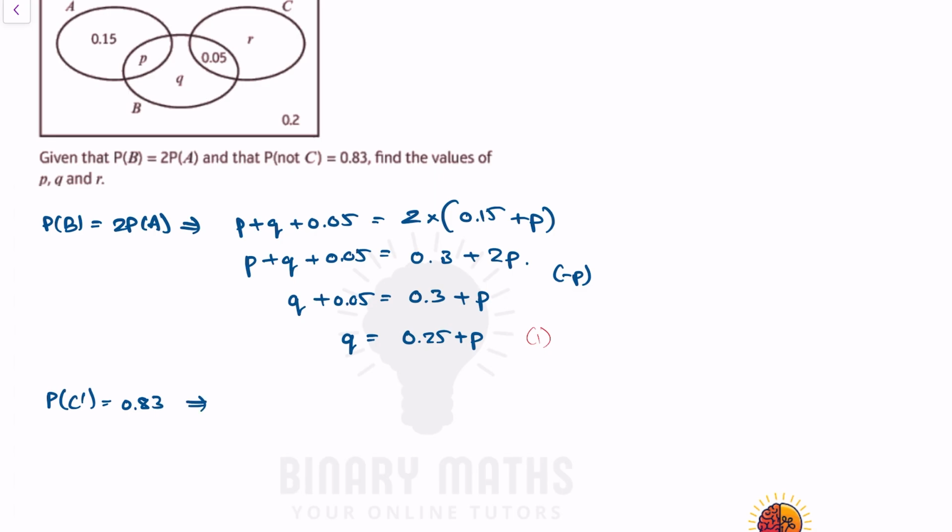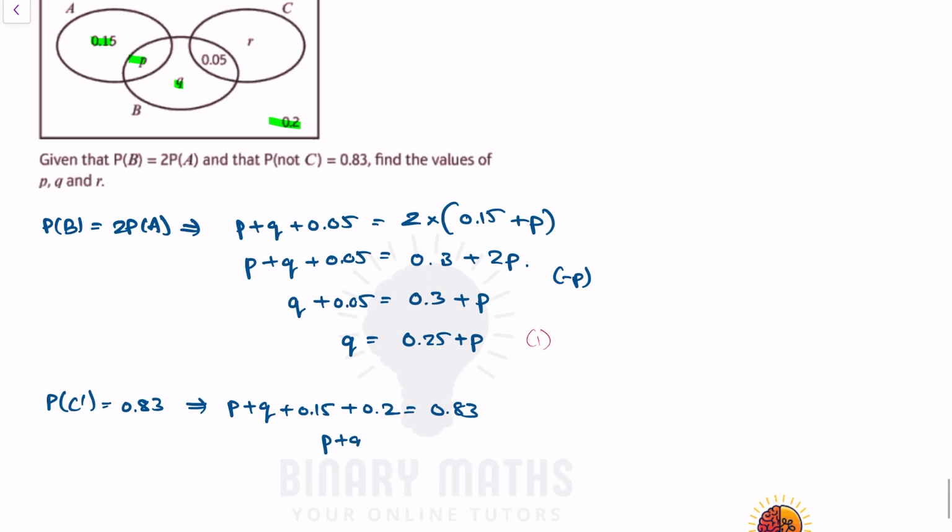Means I have everything that's not C, which is this, this, this, and this, which means P plus Q plus 0.15 plus 0.2 is equal to 0.83, which means P plus Q is 0.83 minus 0.2 minus 0.15, which is equal to 0.48, which means P is equal to 0.48 minus Q. That is my equation 2.